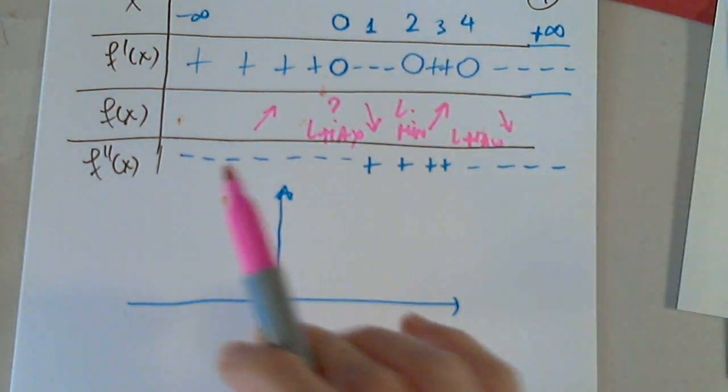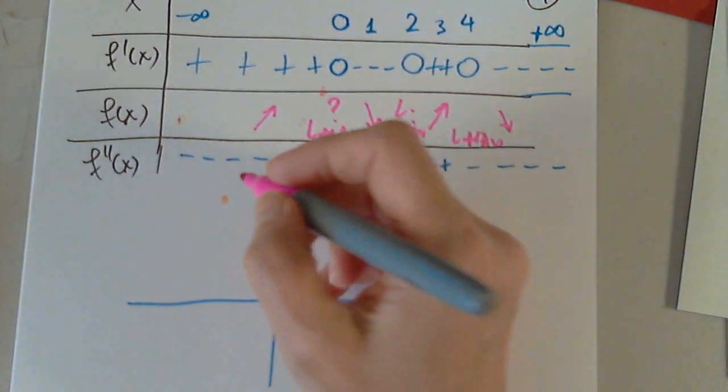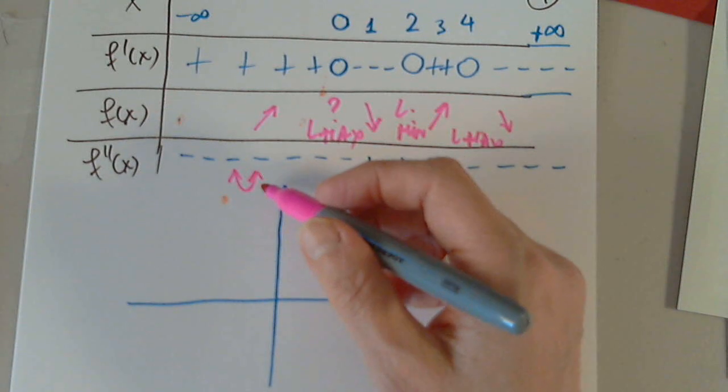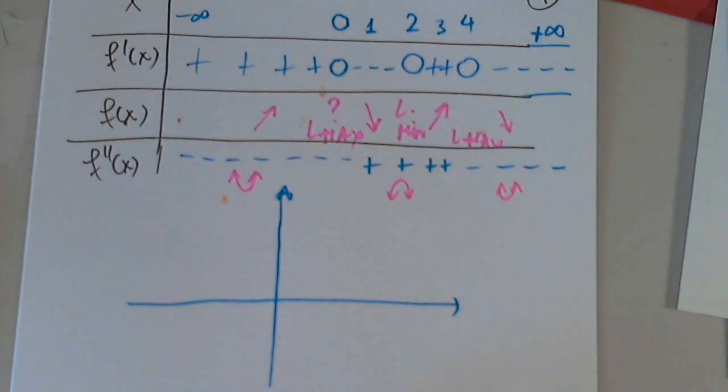Fine. Now, the second derivative changes sign, so the function has to be opening up, or opening down, or opening up. That's not what I meant. Say one thing and I write something else.